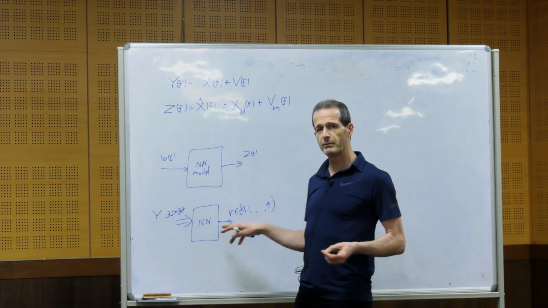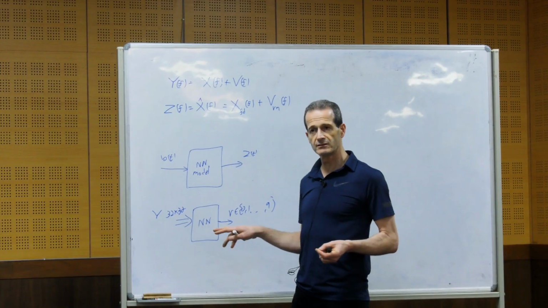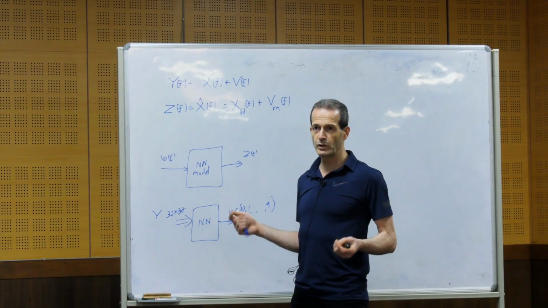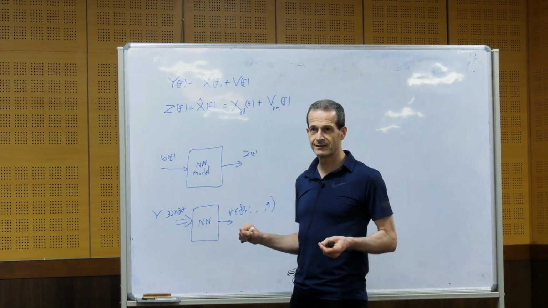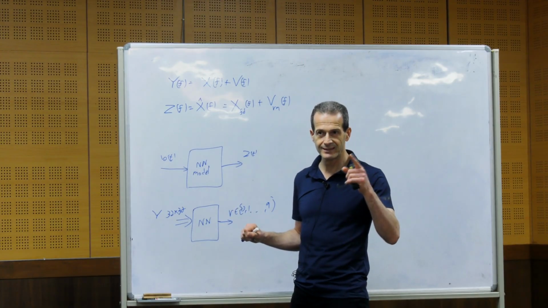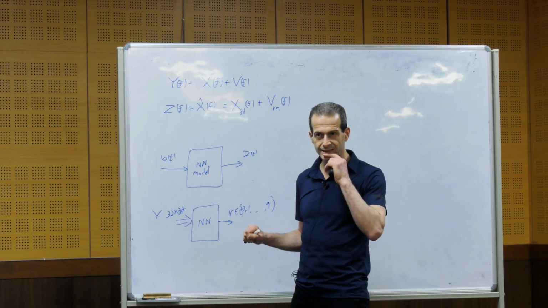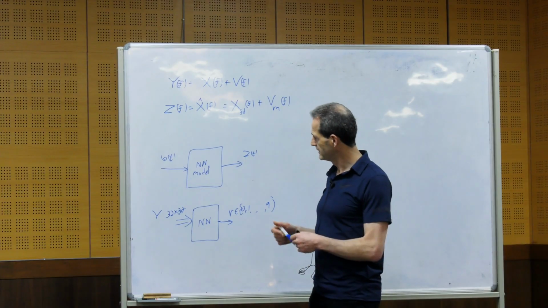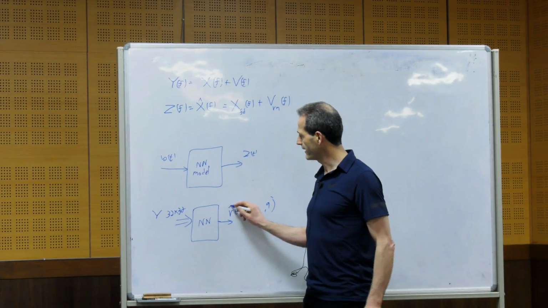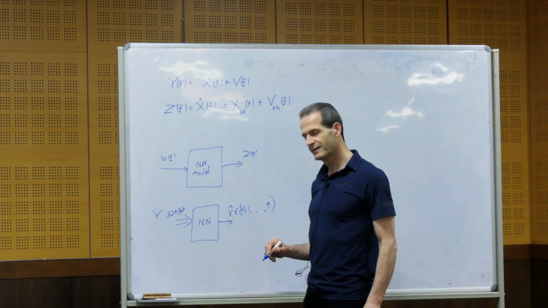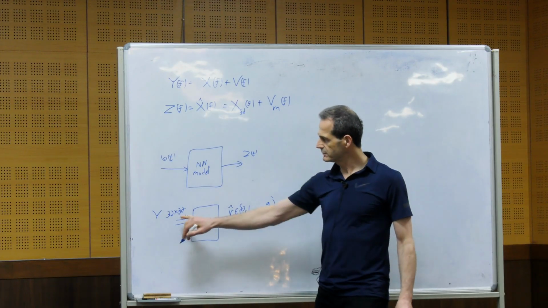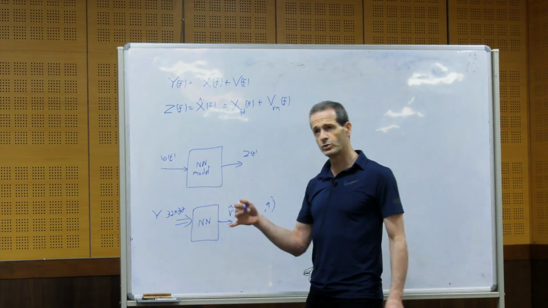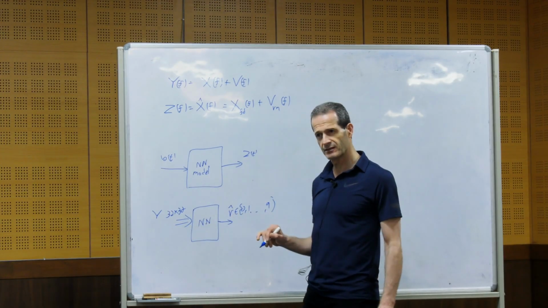So what is the performance measure for the classification? The performance measure, what will it be? Okay, so we can say that this is R hat, okay? We know for each image Y, we know the true class, what is the digit.